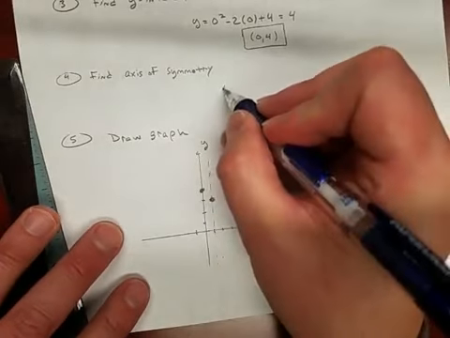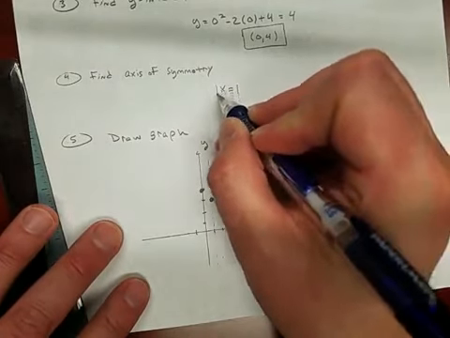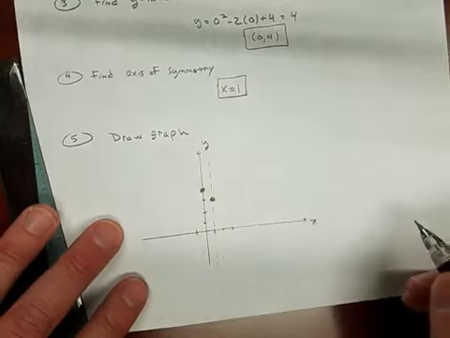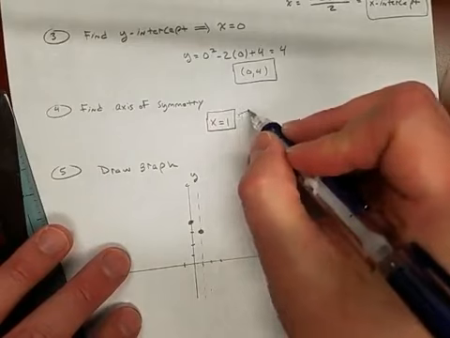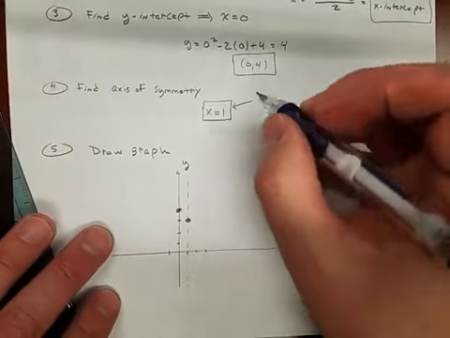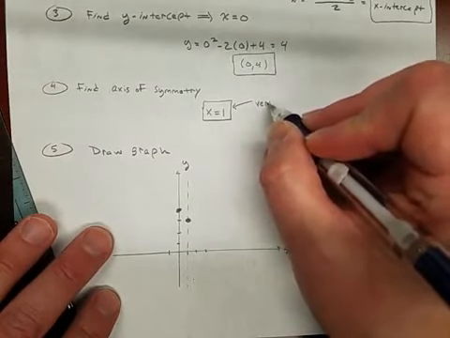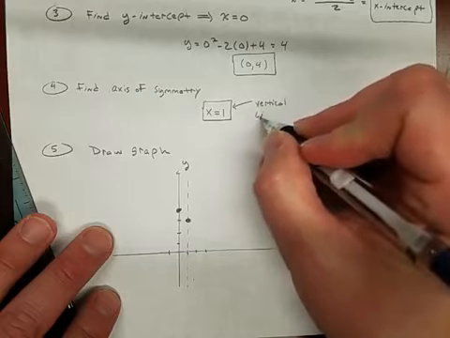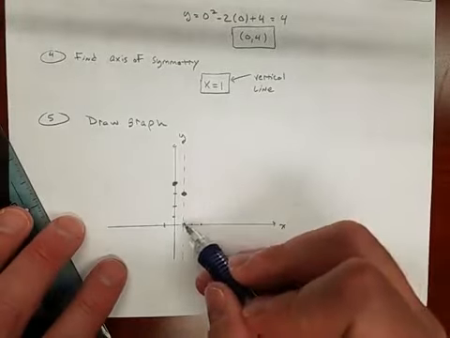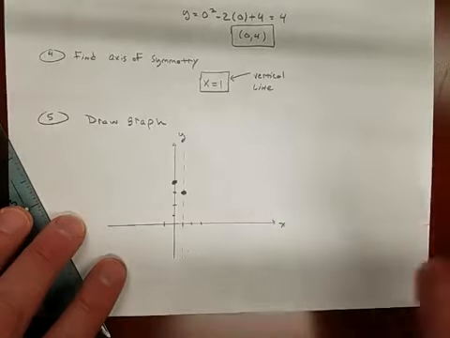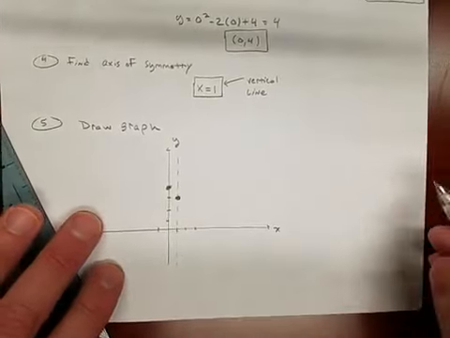So the axis of symmetry is that. And you say, well, how is that a line or a number? Well, in this form, it is a vertical line that goes through 1, just like you have it on the x-axis.